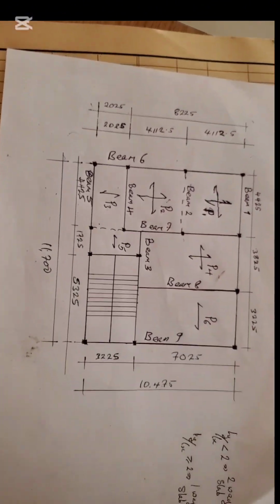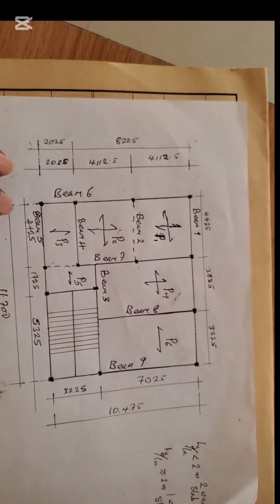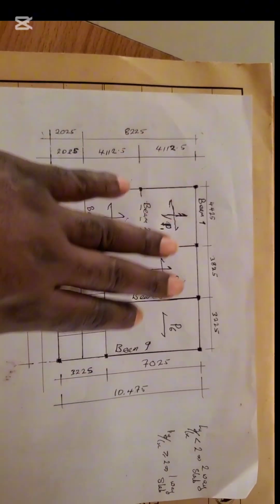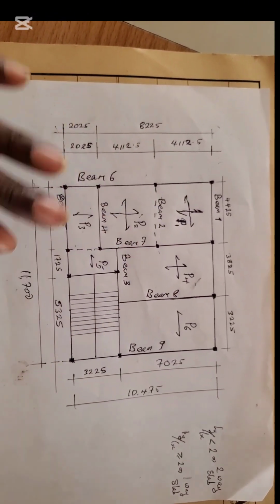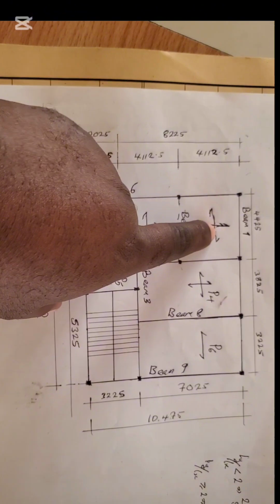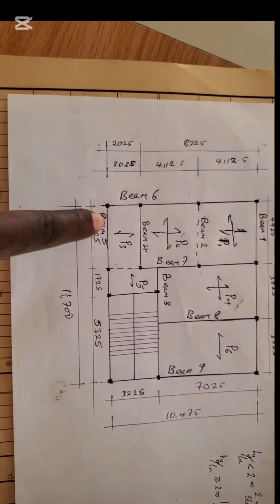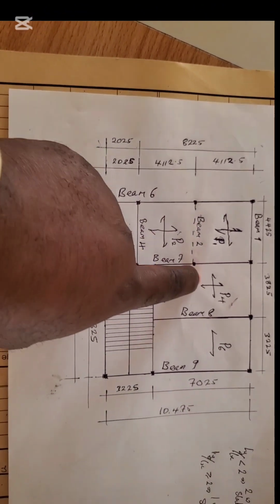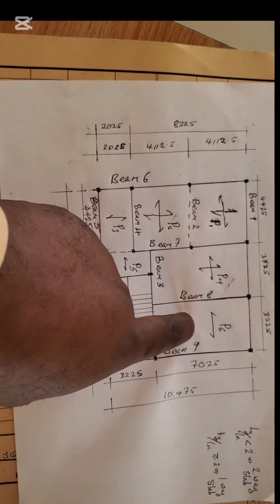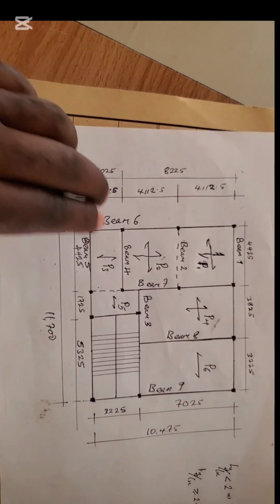So in this class, we have been able to arrange the floor. This is the general floor arrangement. We have panel 1, panel 2, panel 3, panel 4, panel 5, panel 6. Then we moved to beams.